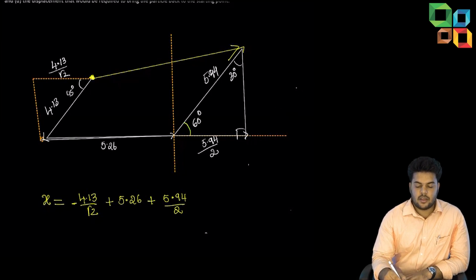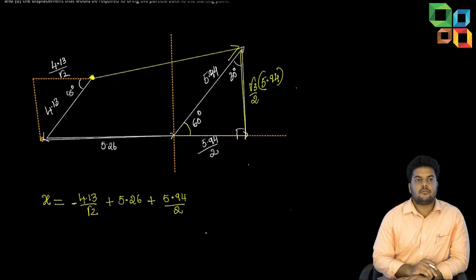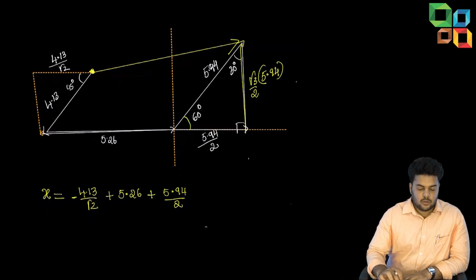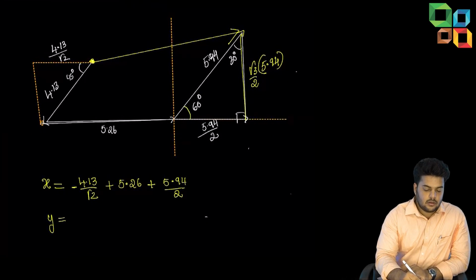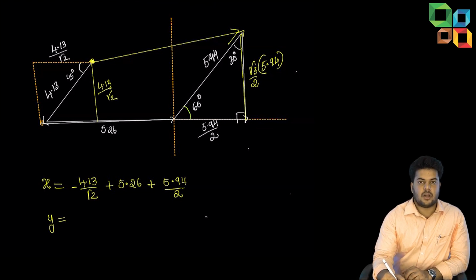What about this side over here? The same triangle. It is root 3 by 2, isn't it? This is root 3 by 2 into 5.94. So the total y coordinate would be, first we went down by 4.13 by root 2, and then we came up by this much.